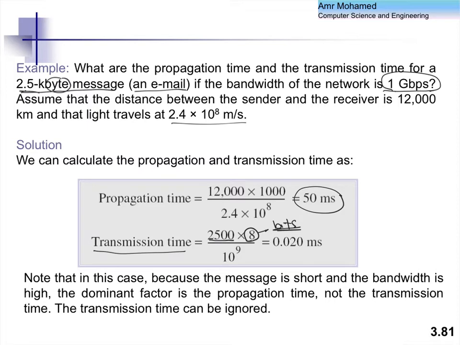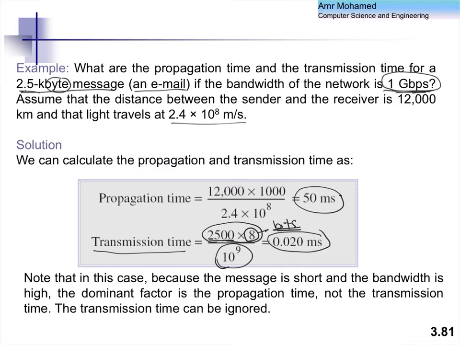Just pay attention to the units. So this becomes 2500 multiplied by 8 in bits, divided by the bandwidth of the line, which is 1 gigabit per second, or 10 to the power 9.